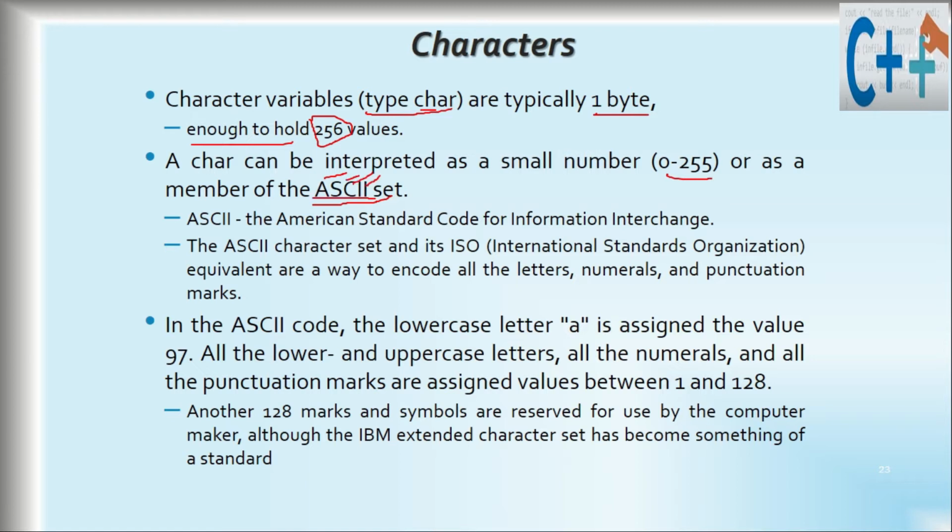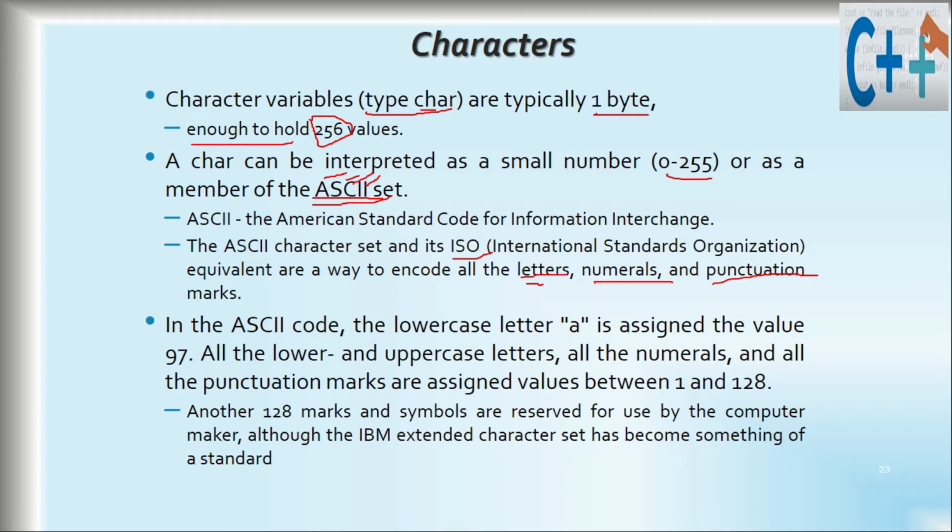The ASCII character set, and its ISO, International Standard Organization, equivalent, are a way to encode all the letters and numerals, including punctuation marks, numeral symbols, and letters on your keyboard.